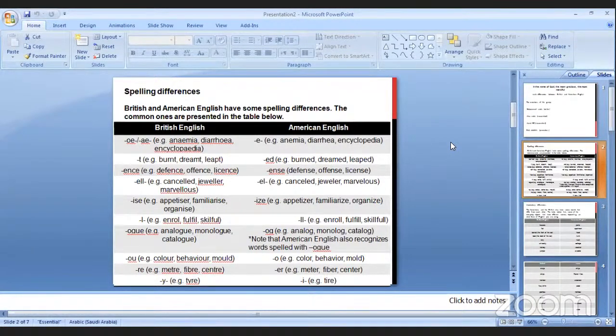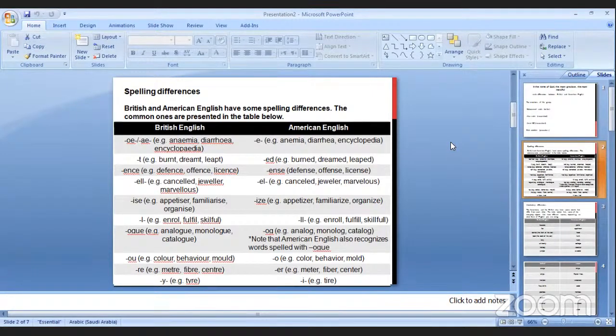encyclopedia. American English: anemia, diarrhea, encyclopedia. British English: tea part, dream left. American English: ed, for example, bird, dreamed, left.